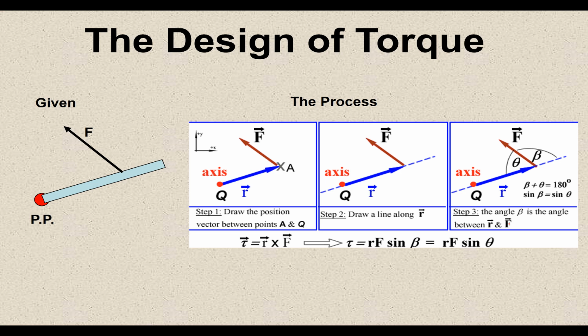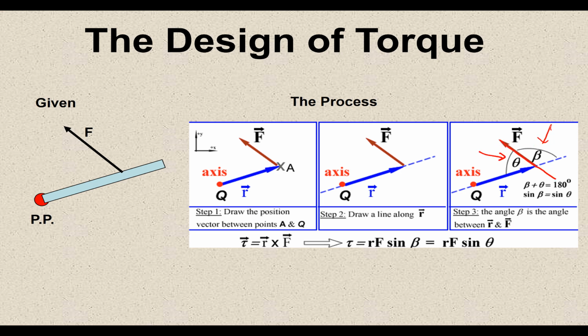We draw the straight line along it. And then we have to make the angle. Now, which angle do we choose? Theta or beta?